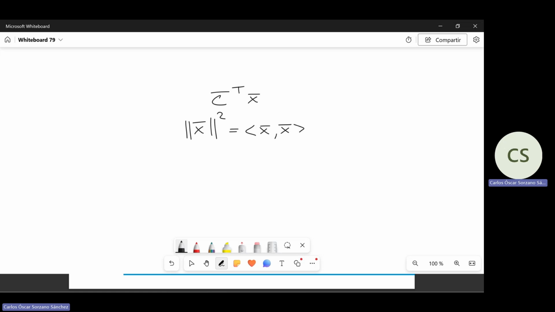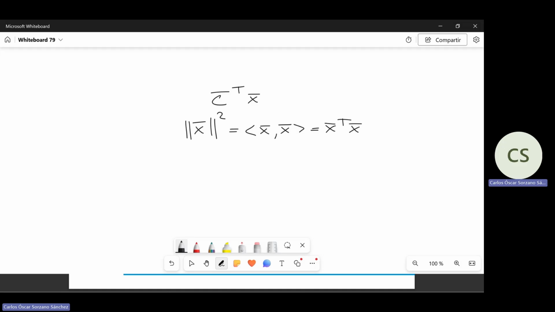So you need a definition of inner product to define a norm. And when you are dealing with vectors, the most typical inner product is this one, X transpose X. It is not the only one, but it is a very common one.